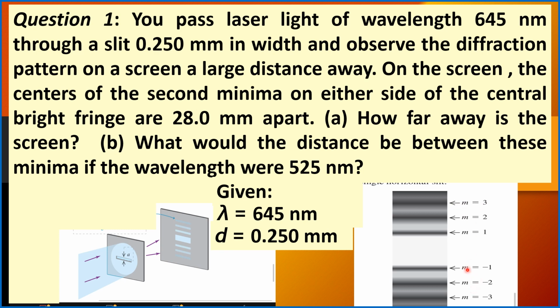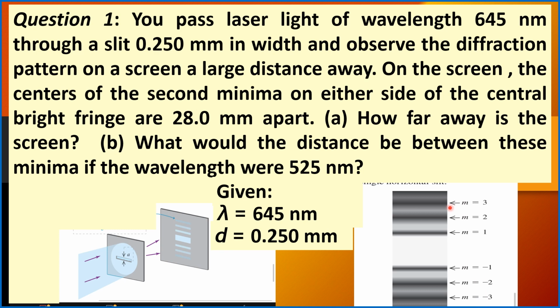Now below the central bright band, the same patterns can also be observed. M equals -1 means this is the first dark fringe below the central bright band. The second dark fringe below the central bright band is labeled as m equals -2. The third is labeled as -3.